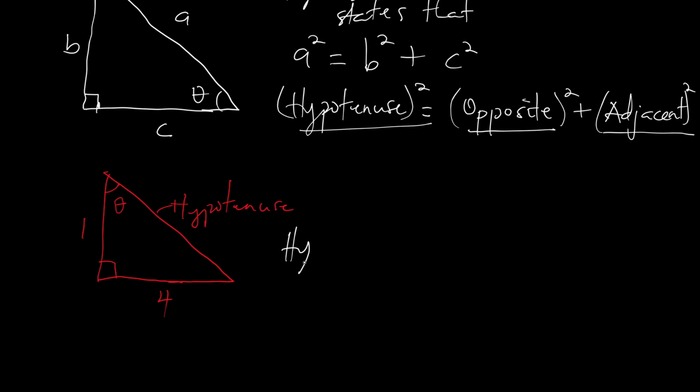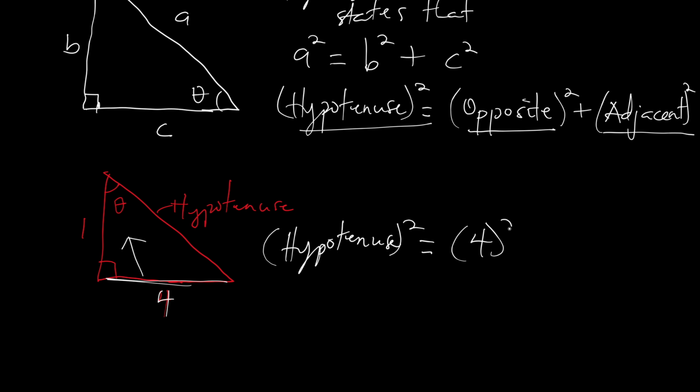So hypotenuse squared is equal to our opposite squared. Now opposite is 4. So this line is opposite our angle. So 4 squared plus our adjacent, which is 1.